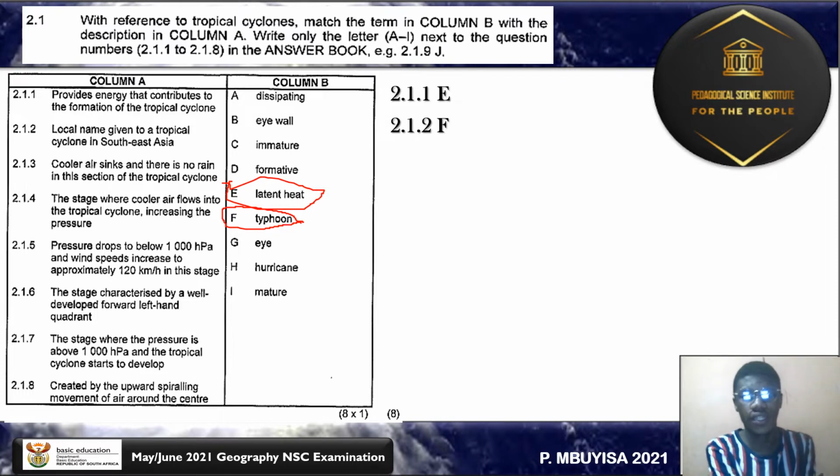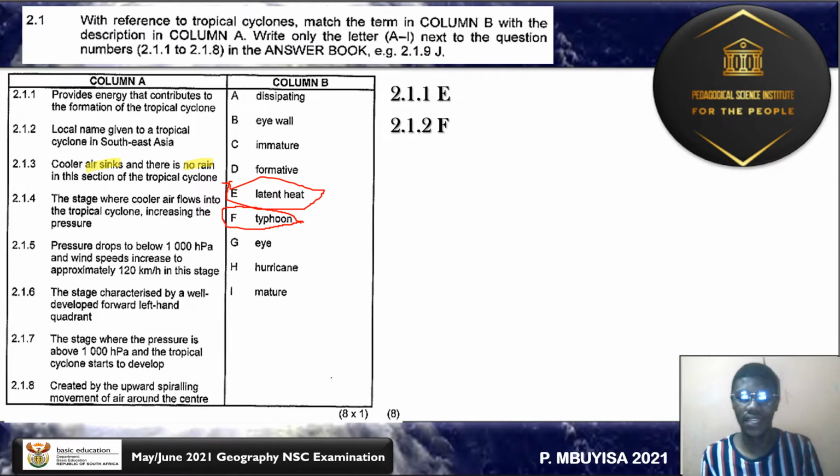Next question. It says 2.1.3, cooler air sinks and there is no rain in this section of the tropical cyclone. We know that that is our eye.